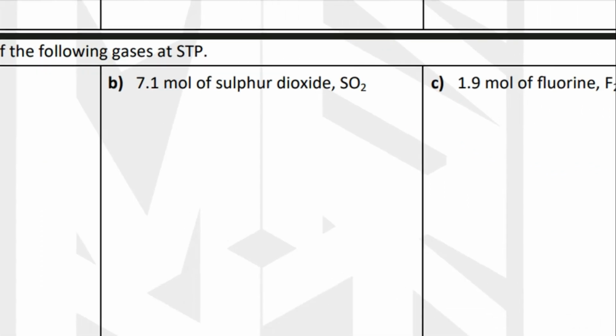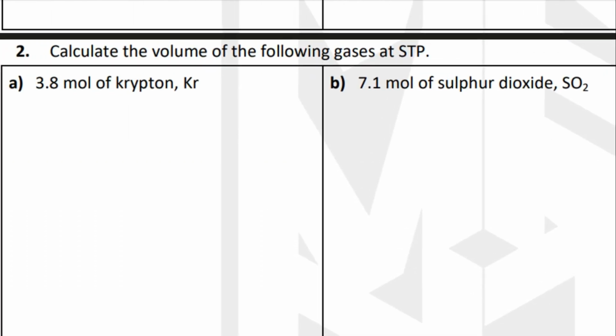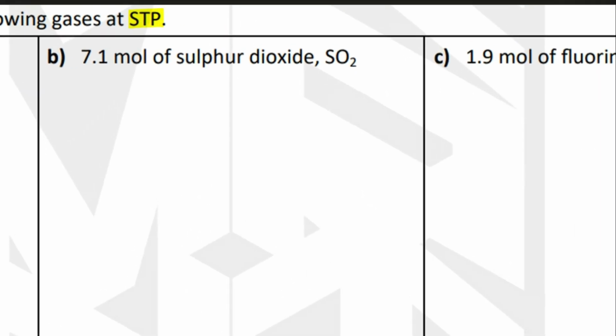Let's try another one. Calculate the volume of the following gases at STP, standard temperature and pressure. Let's look at 7.1 moles of sulfur dioxide. Here again we are given the number of moles and we are required to find the volume. The relationship is moles is volume over molar volume. Therefore, volume is moles times molar volume.